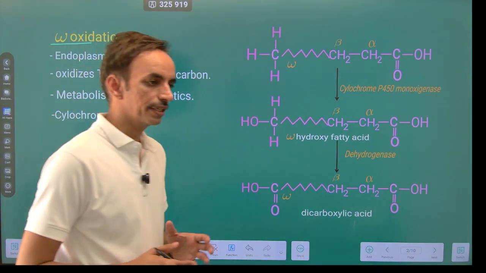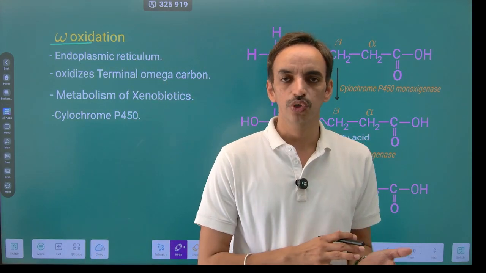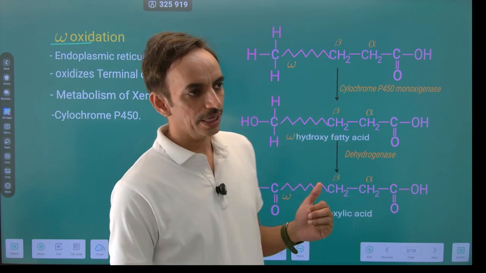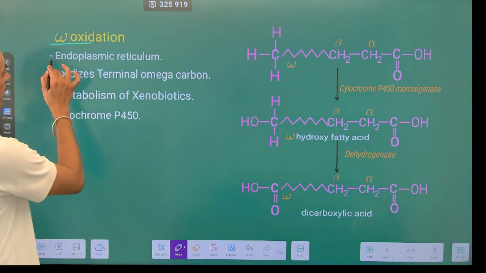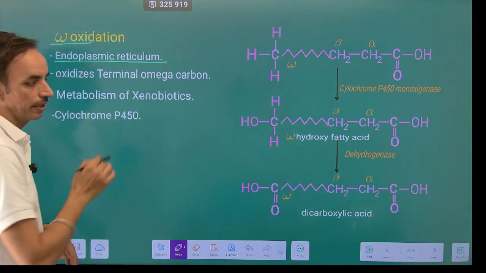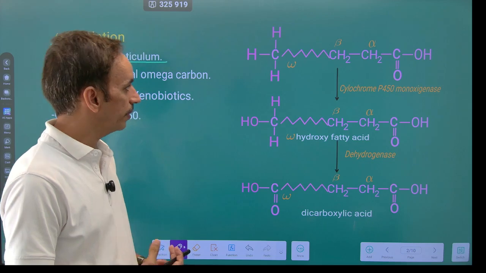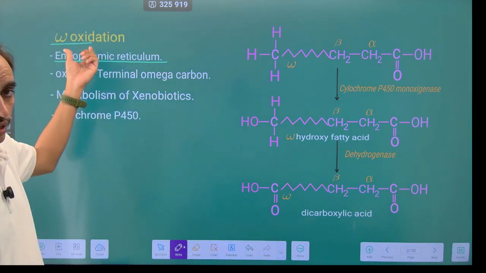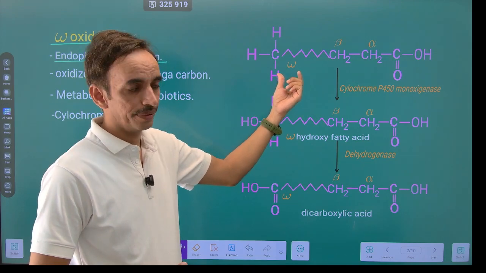Beta oxidation occurs within the peroxisome and the mitochondria, but omega oxidation occurs within the endoplasmic reticulum. The oxidizing environment provided by the endoplasmic reticulum allows omega oxidation to occur on the omega carbon.